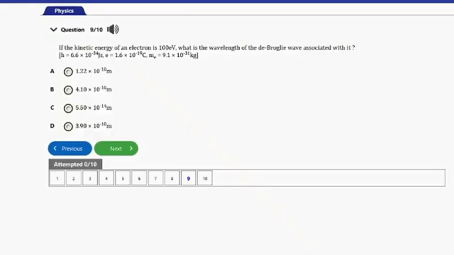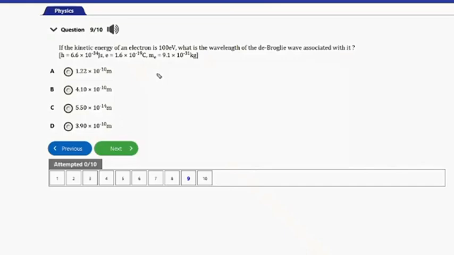So guys, the next question we have here is question number 9. It says, if the kinetic energy of an electron is 100 electron volts, what is the wavelength of the de Broglie wave associated with it? Alright, so guys, the de Broglie wavelength can be given as lambda is equal to Planck's constant over momentum. Here we have Planck's constant given, but momentum is mass times velocity, and we don't have the velocity.